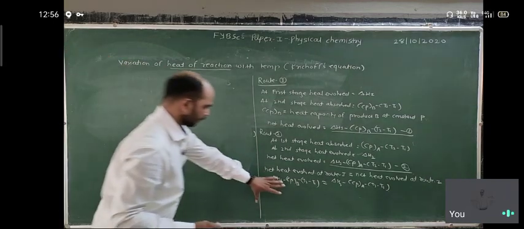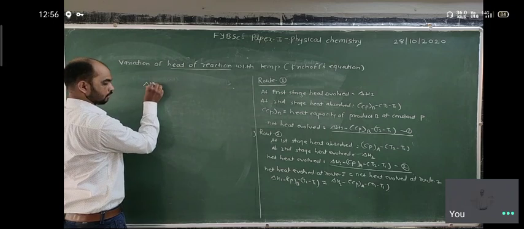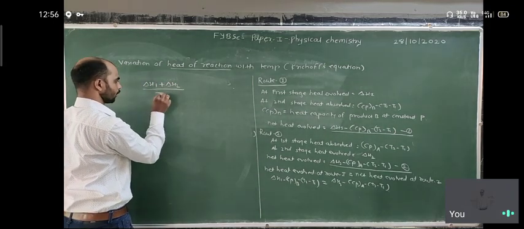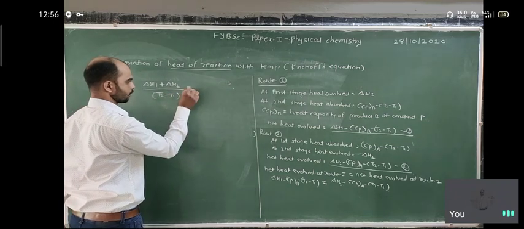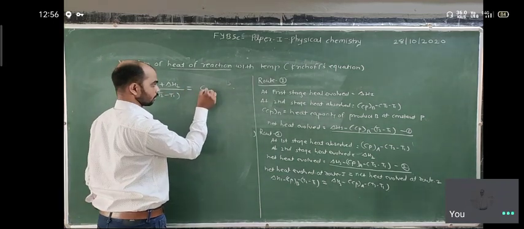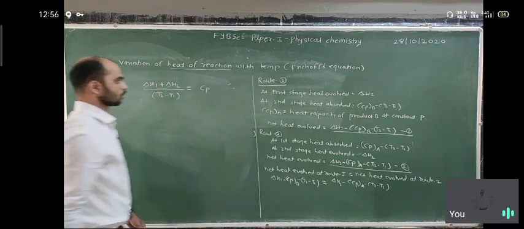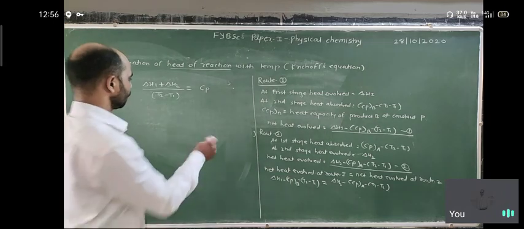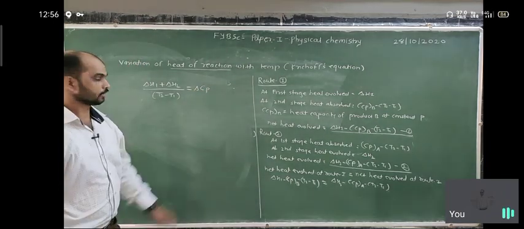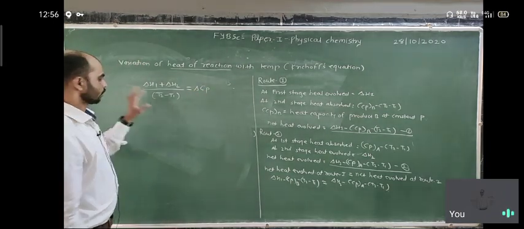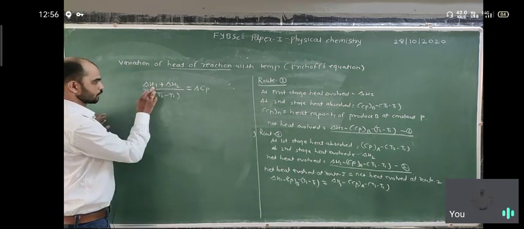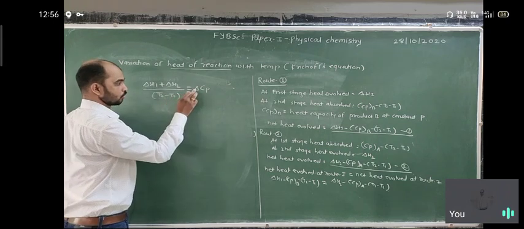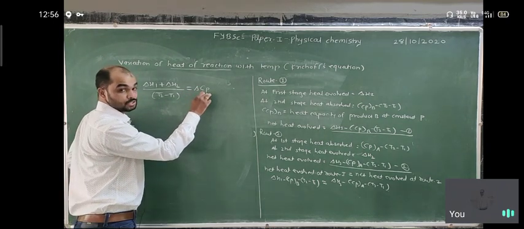Using this, (delta H1 plus delta H2) upon (T2 minus T1) is equal to the change in heat capacity at constant pressure. So using this equation, (delta H1 plus delta H2) upon (T2 minus T1), we get the change in heat capacity at constant pressure.